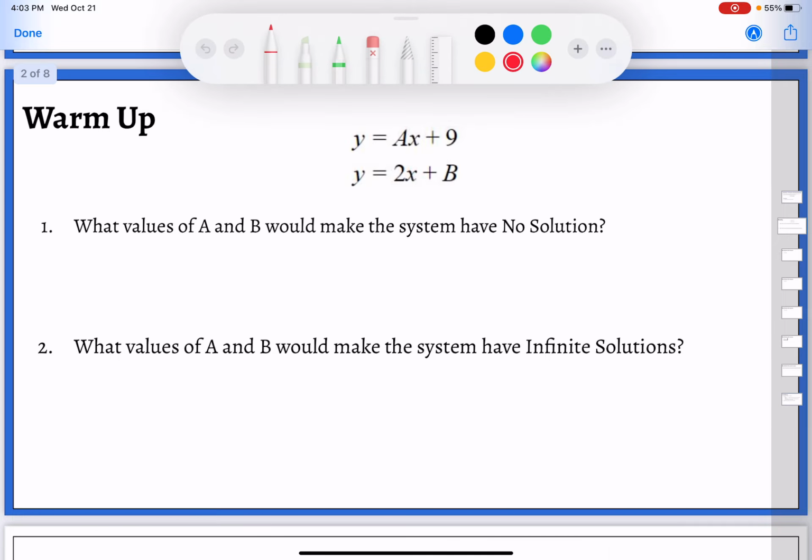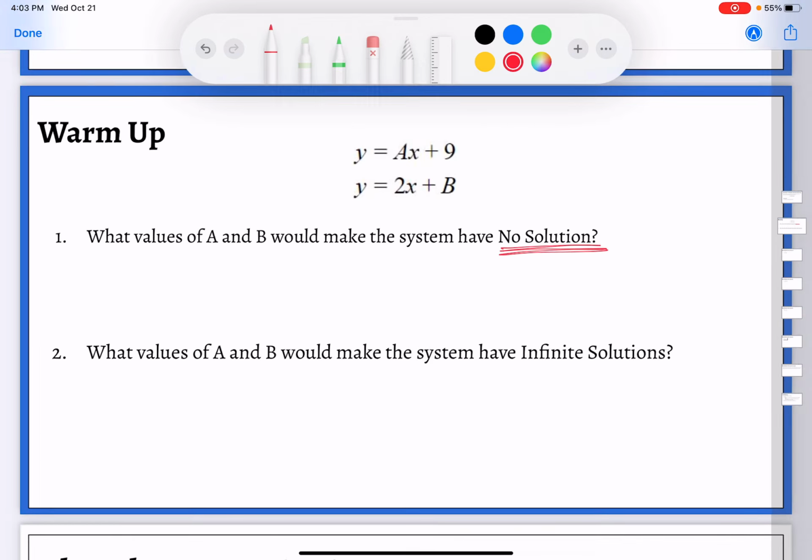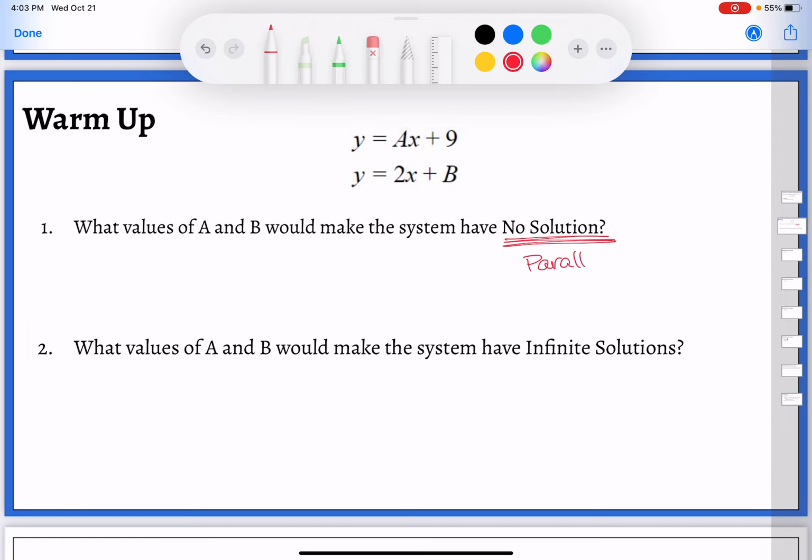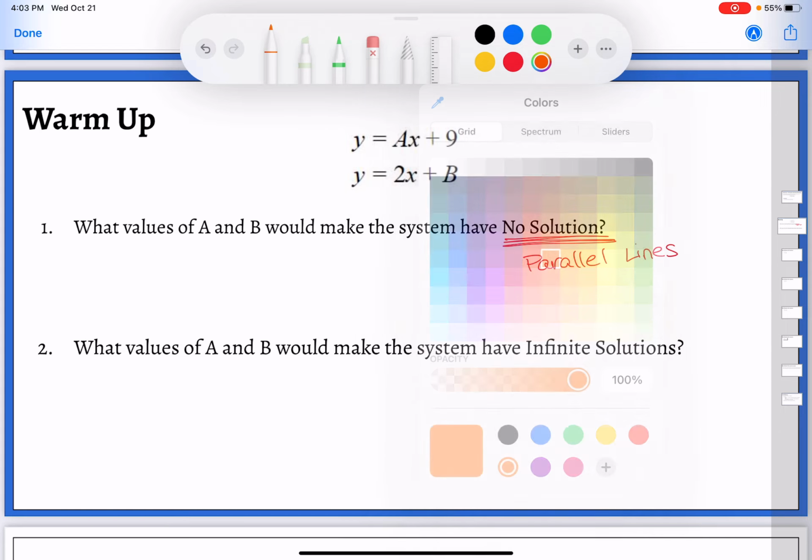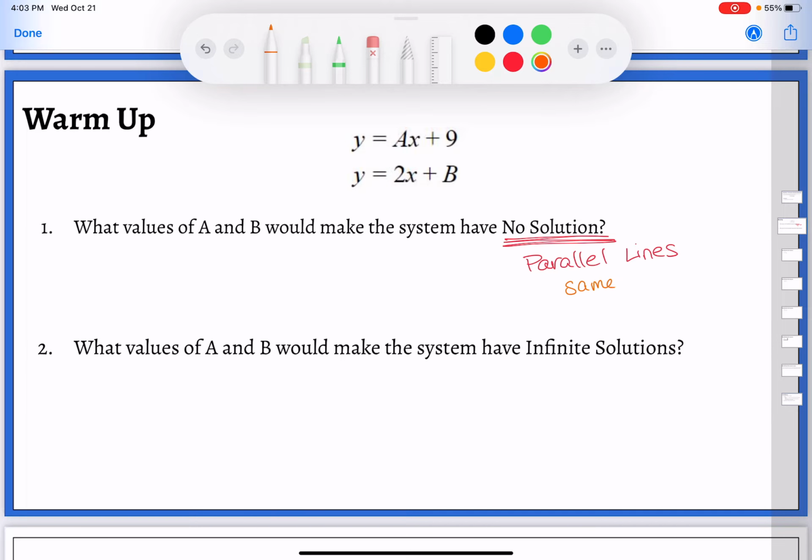So yesterday, when we talked about our systems and we were solving by graphing, any system that had no solution really meant that those two lines were not intersecting, right? Because the solution is the point where the two lines intersect. So no solution really meant that we had parallel lines. And if we remember, parallel lines meant that we had the same slope but different y-intercepts.